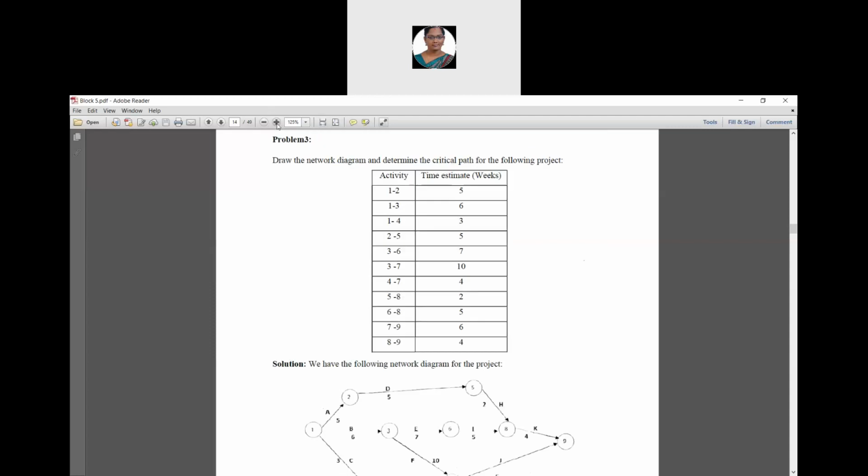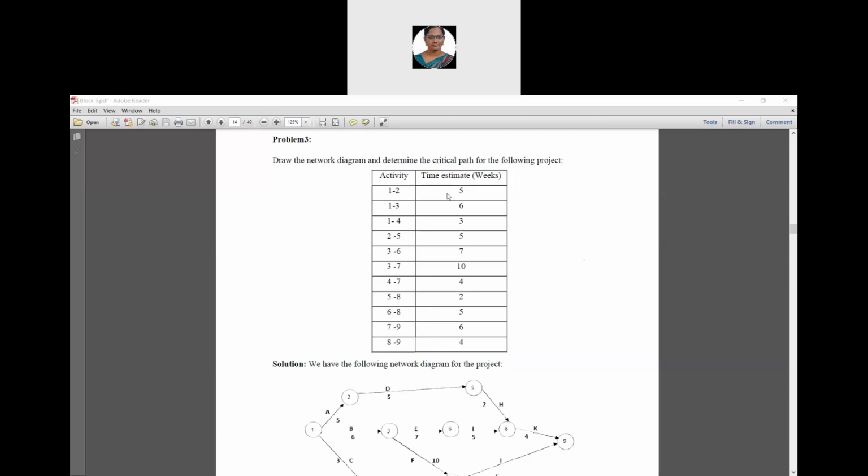What's the first activity? It is 1 to 2. So 1 to 2 is having an activity A and its corresponding time duration is 5.